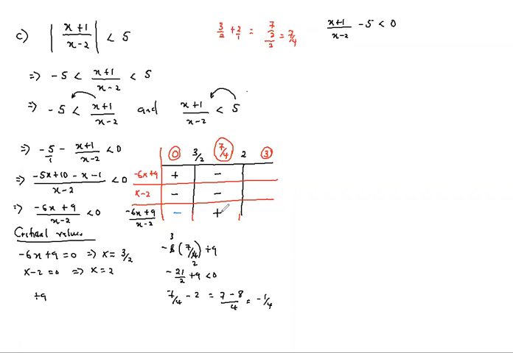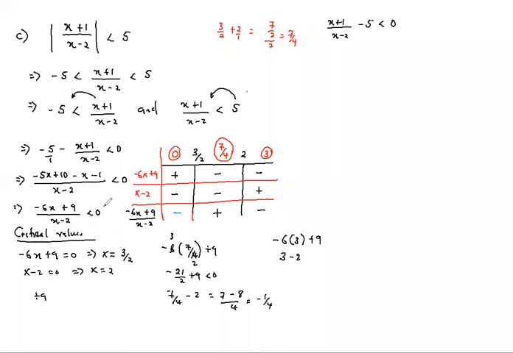If we substitute 3 in negative 6x plus 9, we are going to get a negative number. If we substitute 3 in x minus 2, you get 1, which is positive. If you multiply this, you have a negative number. Then we want where the expression is less than 0.